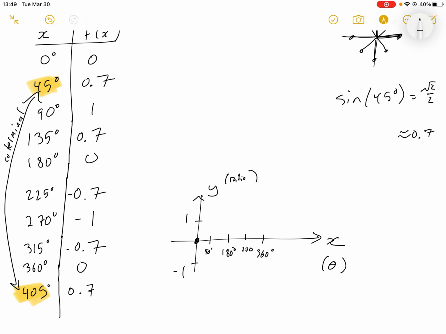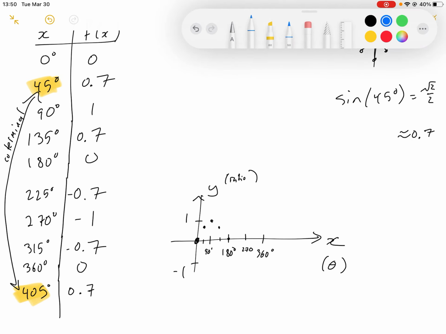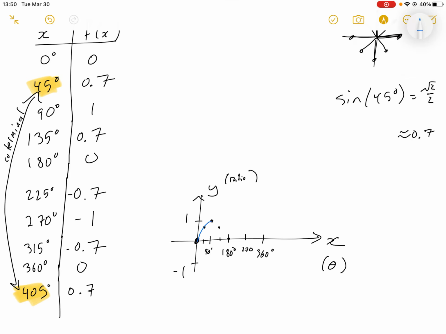And then also we technically have, this isn't halfway, it's at about 0.7. And so what the graph ends up doing is the following. It kind of goes up, curving up, and then curving back down again, and then it's going to get down here to 270, negative 1, and then it's going to go back to 360.